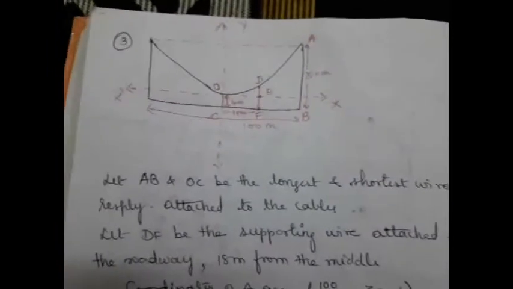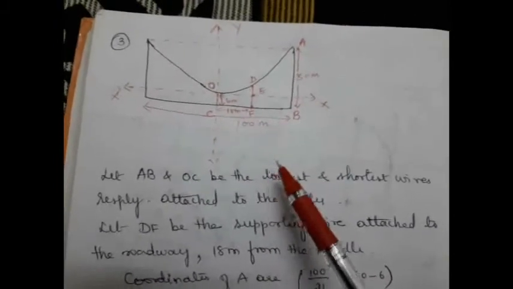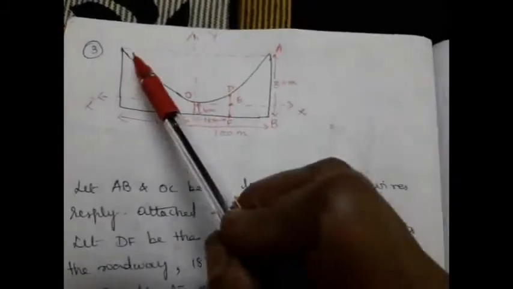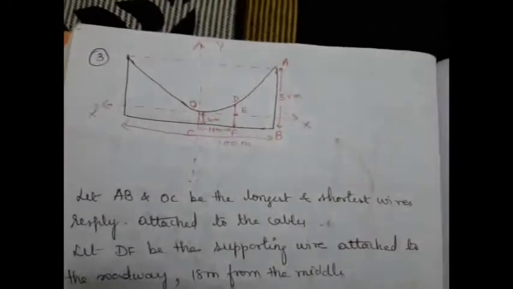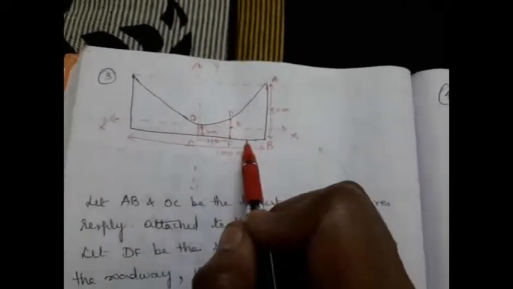Right? So what is given? There is a cable of a uniformly loaded suspension bridge that hangs in the form of a parabola. This is the roadway, which is horizontal and 100 meter long, supported by vertical wires attached to the cable.